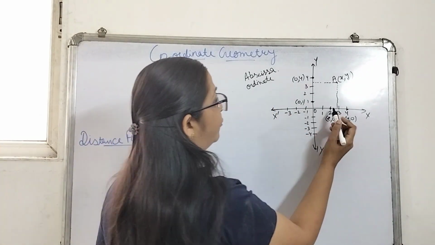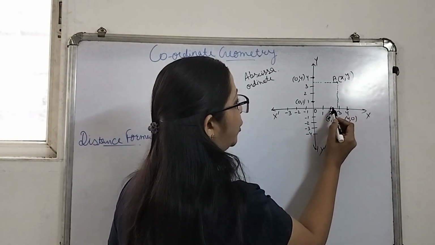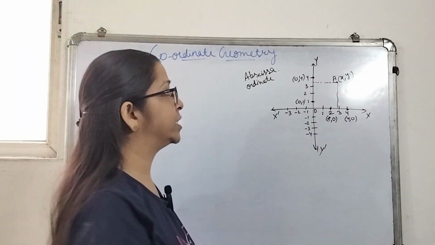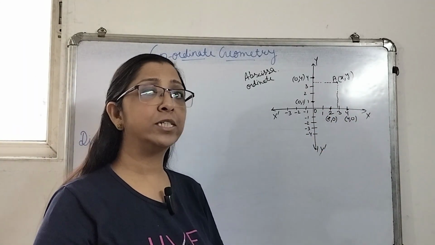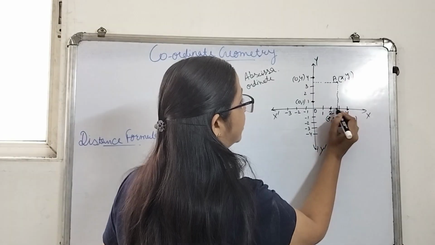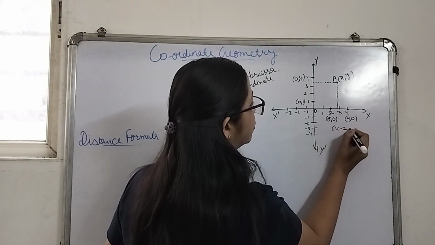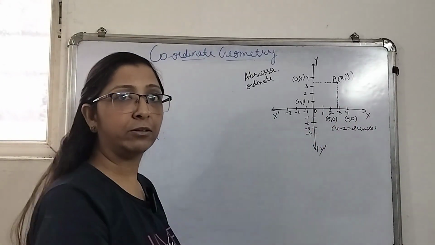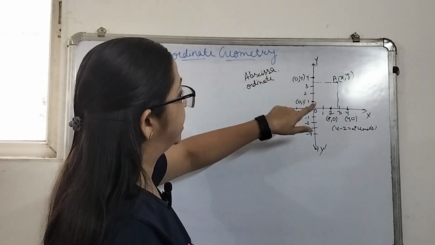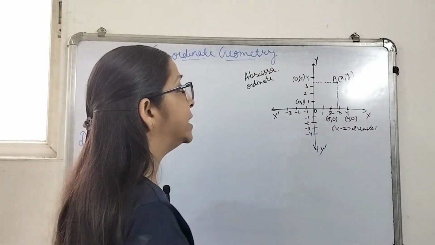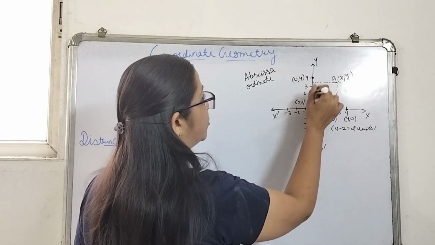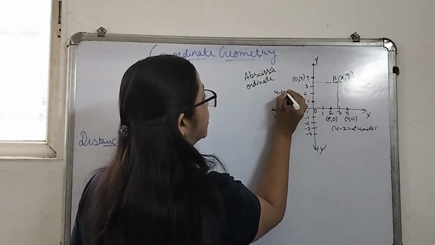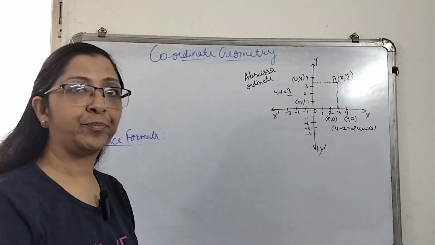Now let's see how to find the distance between these 2 points. If these two are the points, we can easily say that this distance will be 4 minus 2, that is 2 units. It's very easy to calculate. For these 2 points on the y-axis, the distance is 4 minus 1, that is 3 units.